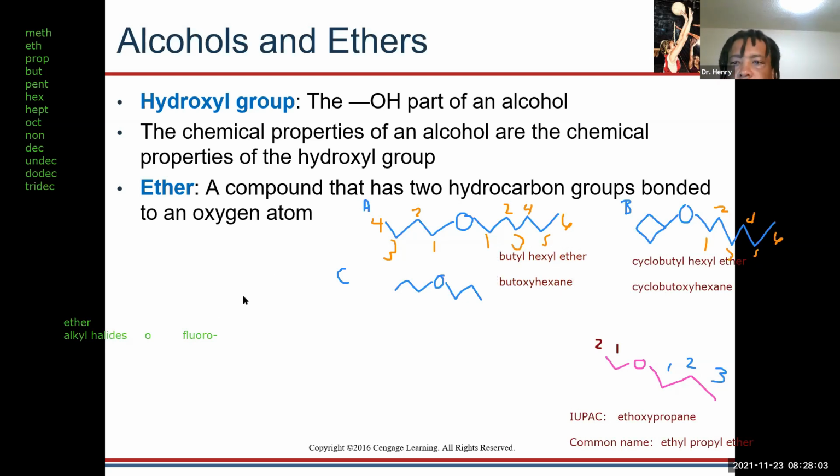So, Sam, do you want to help me out with the last one? For this one, would it be di? That's right. It would be di. Di what? There's one, there's two, there's three carbons.